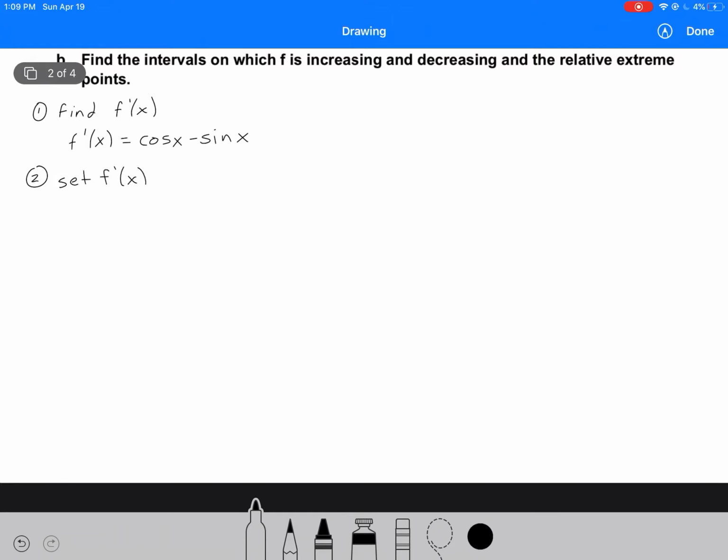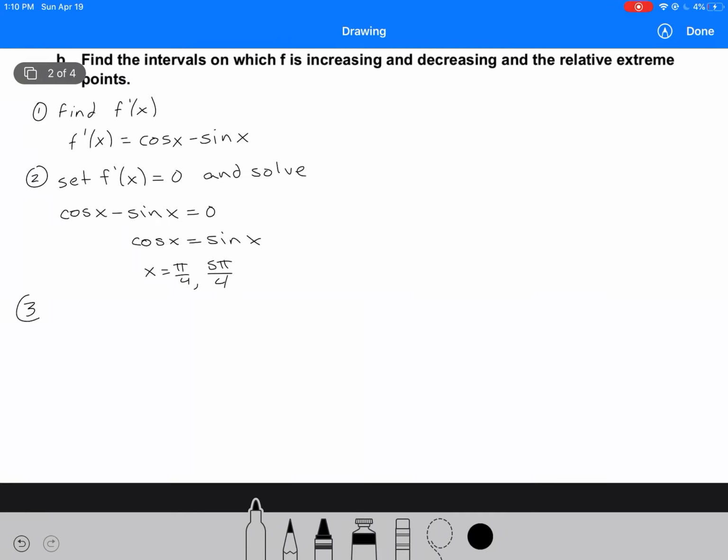So we're going to set f prime of x equal to 0 and solve another trig equation. So we get cos x minus sine x equals 0, so cos x equals sine x. This happens at x equals pi over 4 and 5 pi over 4.